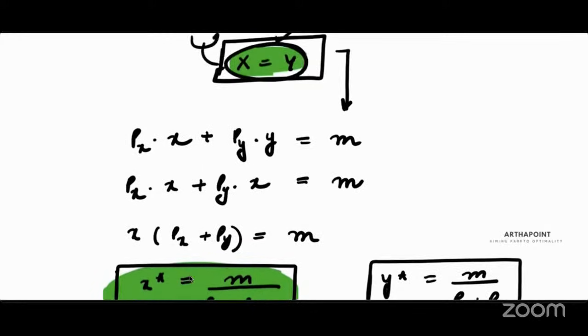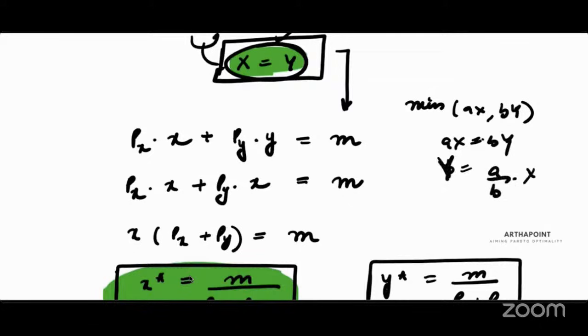Now, had my function been min ax comma by, I would have just said ax is equal to by. So y would have been a by b into x. Instead of y, I would have substituted a by b into x. Everything would have been in terms of x. You would have found the value of x. So here, you can now literally do it for anything.